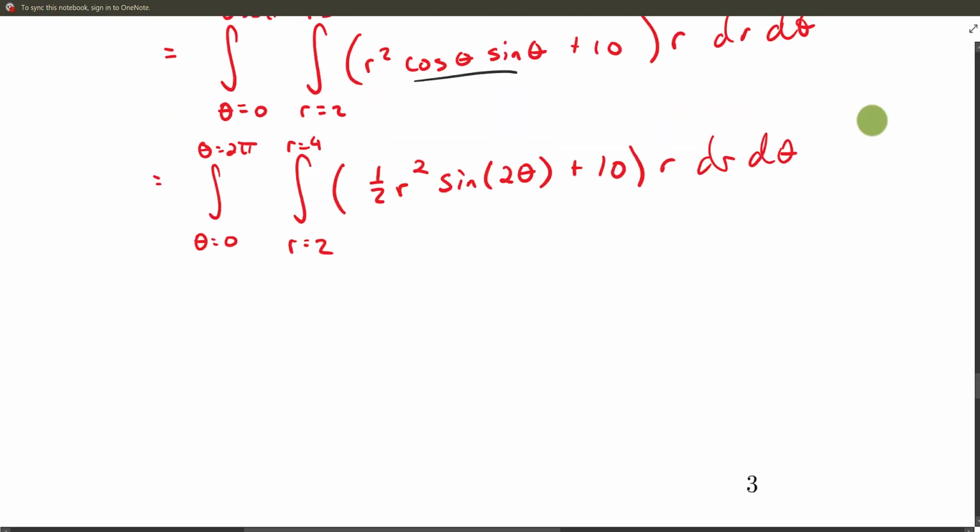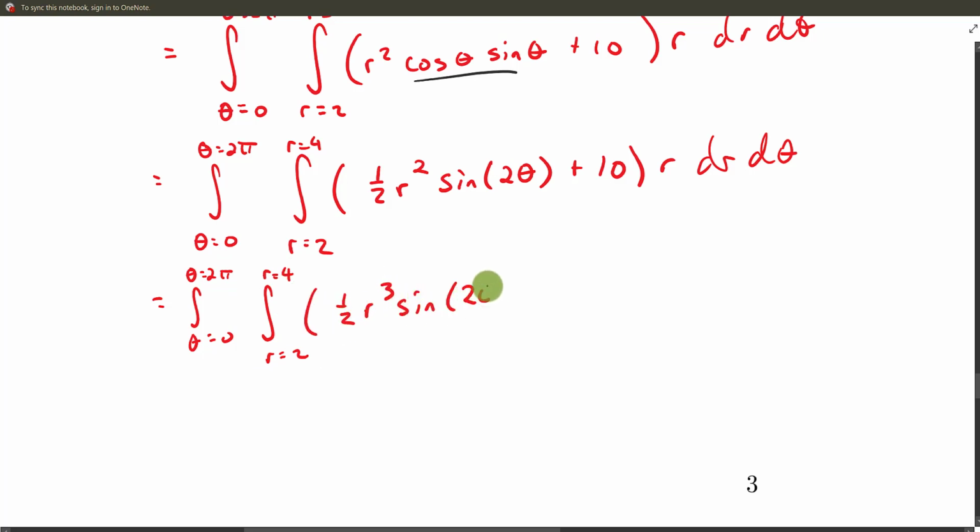If we go ahead and distribute that r through, quickly running out of room, that gives us 1/2 r cubed sine 2 theta plus 10r dr d theta.